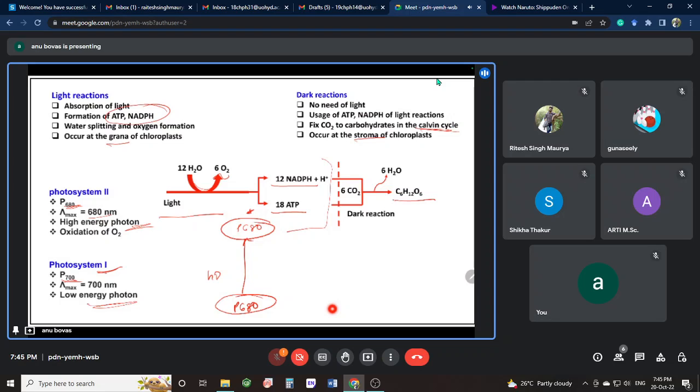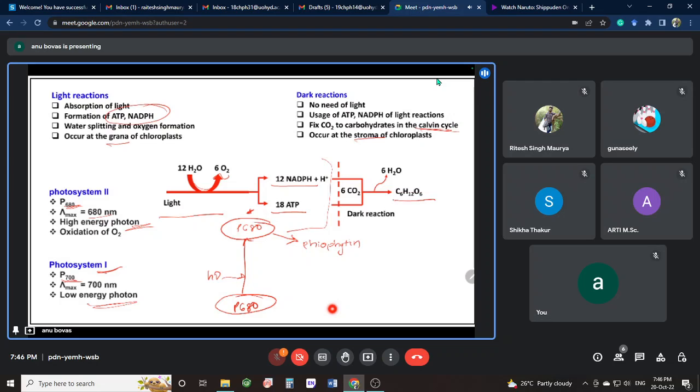Now, what is happening is that when energy comes, P680 goes from ground state into excited state. In excited state, this pigment acts as a reducing agent, meaning it will give an electron. It will donate the electron first to pheophytin.